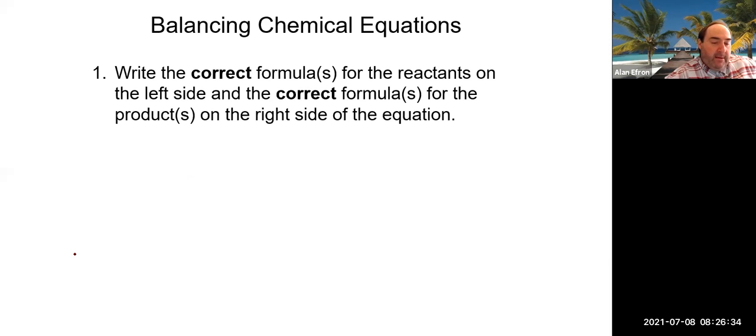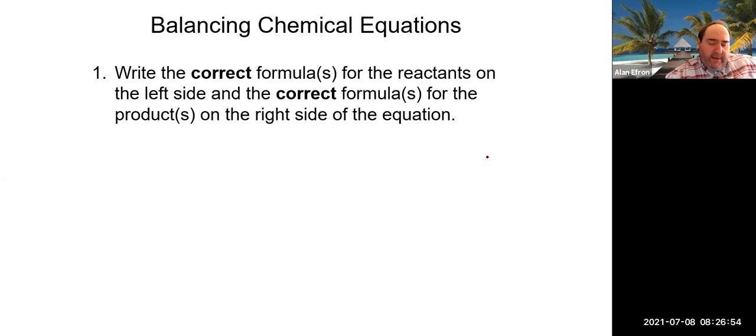But the very first thing is a really important thing to make sure that you do correctly. You want to make sure when you balance an equation that you are starting with the correct formulas first.